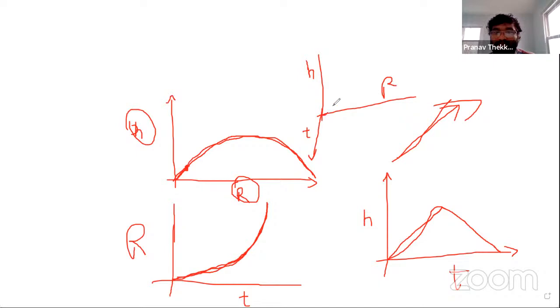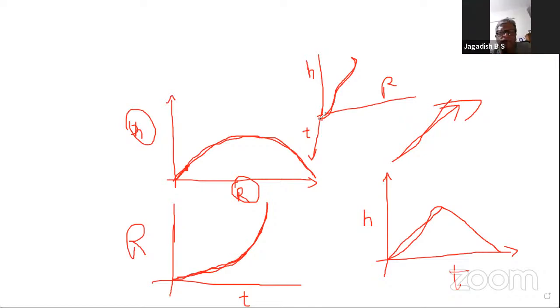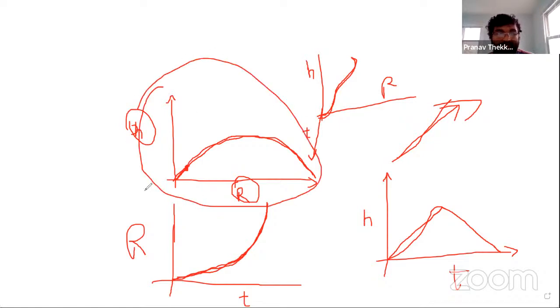It will follow some path over here. Did you follow this one? Yes, so you can combine this graph and this graph to make a 3-dimensional graph of how the object is moving.